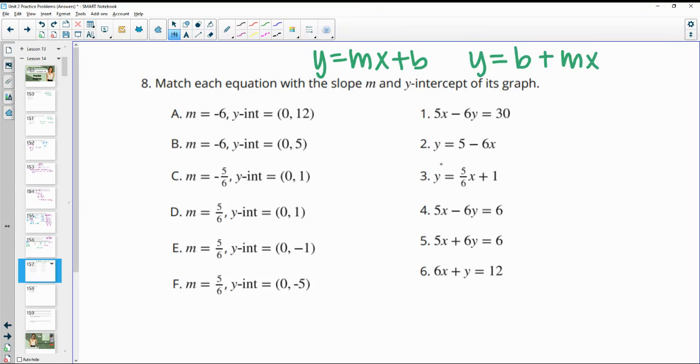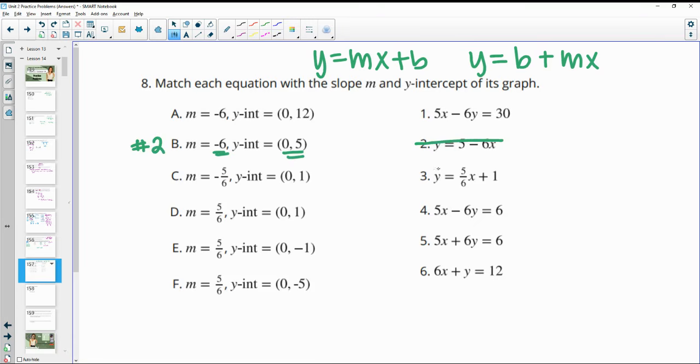Well, number 2 is solved for y. So I can already see that the y-intercept is 5 and the slope is -6. So when I look here, a y-intercept of 5, slope of -6, I know that that goes with number 2.